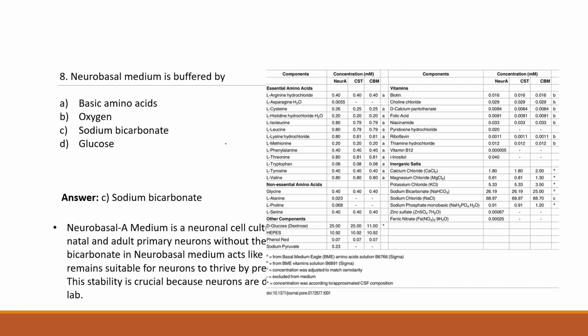Phenol red is your indicator for change in pH. Even if sodium bicarbonate is there, how will you know for how long it is maintaining your pH and when it has changed? So you need the phenol red indicator to know the change in pH.